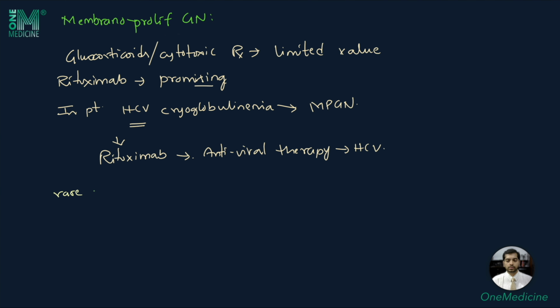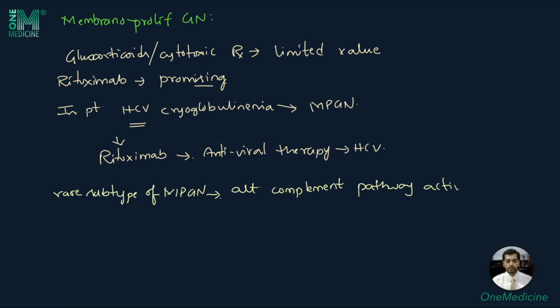A rare subtype of MPGN with a pathologic process of alternative complement pathway activation can be treated with eculizumab, which is an antibody against C5a or complement 5a.